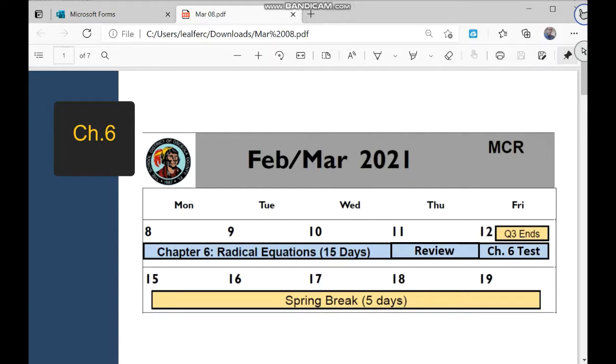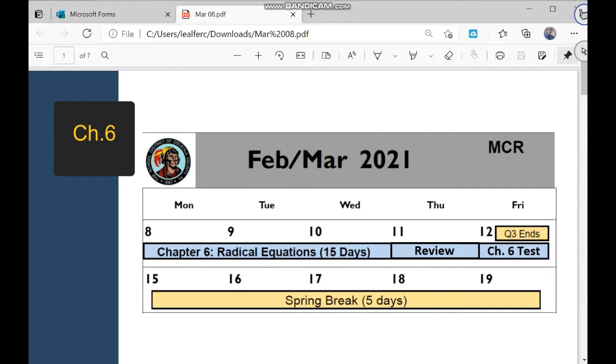The answers are going to be very similar, maybe a few numbers different, but even some answers are going to be the same. So make sure you are here, you are on the meeting, and pay attention, especially on Thursday. We will work on the quiz that will make you ready for the tests.